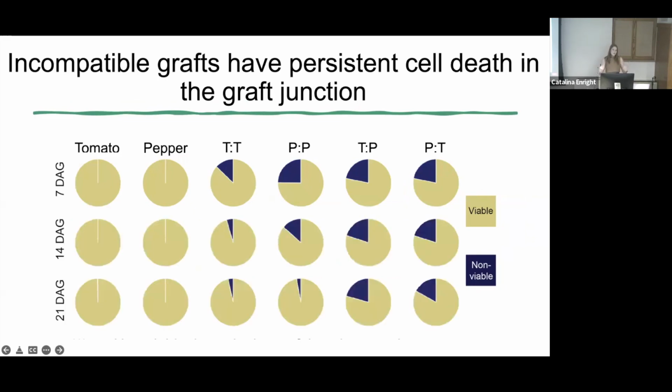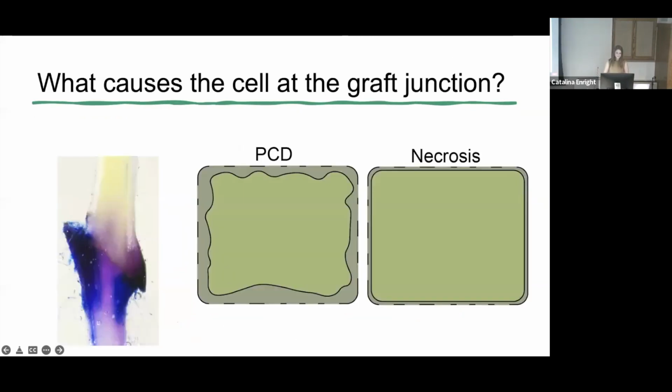As we move through time, the percentage of cell death in the self-grafted plants reduces. And despite the fact that these pie charts look identical, they are not, I swear. The amount of cell death present in the heterografts is extremely consistent. So this is a persistence of cell death in the graft junction of the heterografts over time.